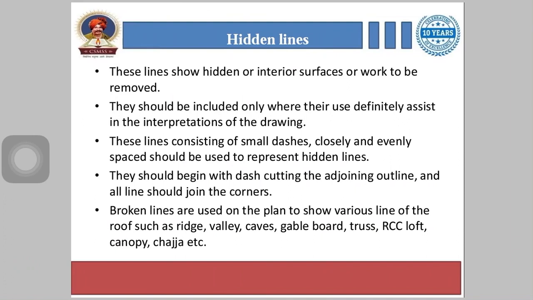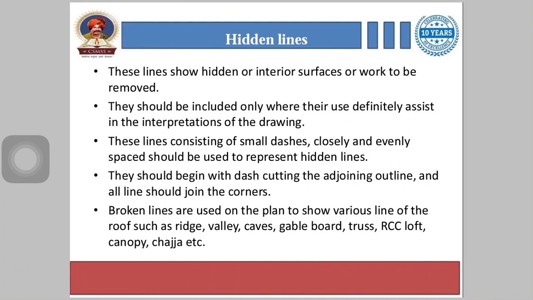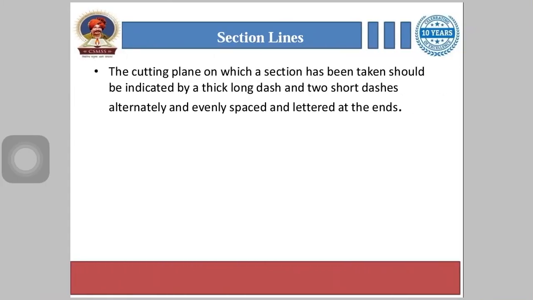They should begin with a dash cutting the adjoining outline, and all the lines should join at the corners. Broken lines are also used on the plans to show the various lines of the roofs, such as ridge, valley, eaves, gable board, truss, RCC loft, canopy, chhajja, etc.